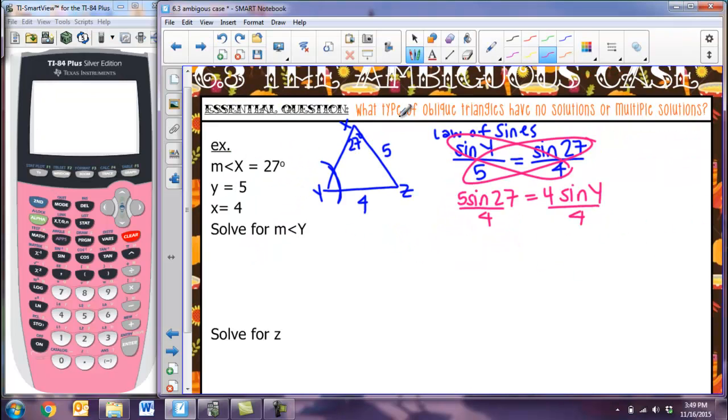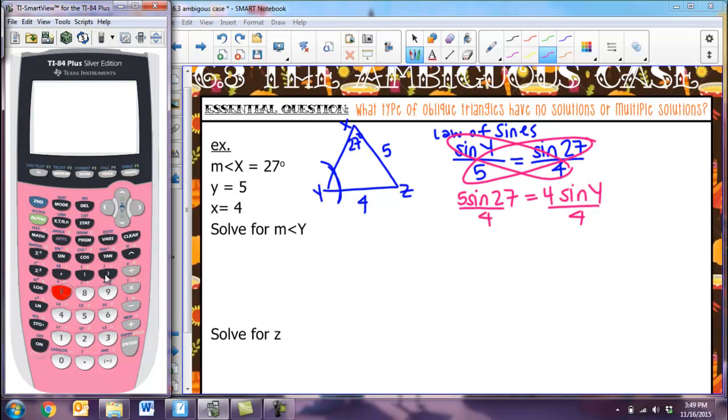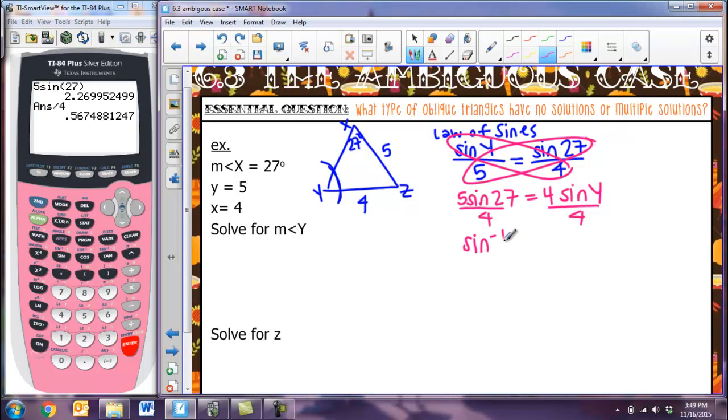So when I go to my calculator, if I'm going to do this piece, I'm going to take 5 times the sine of 27. Make sure you close your parentheses. I'm going to divide it by 4. You're going to have to be really careful here, because on your paper, you're probably going to write down that I want to take the inverse sine of 0.567.